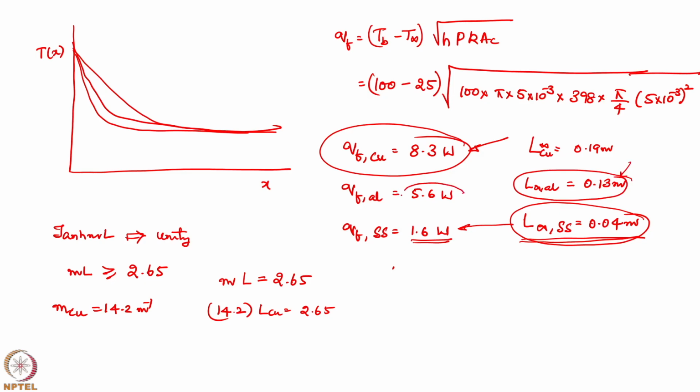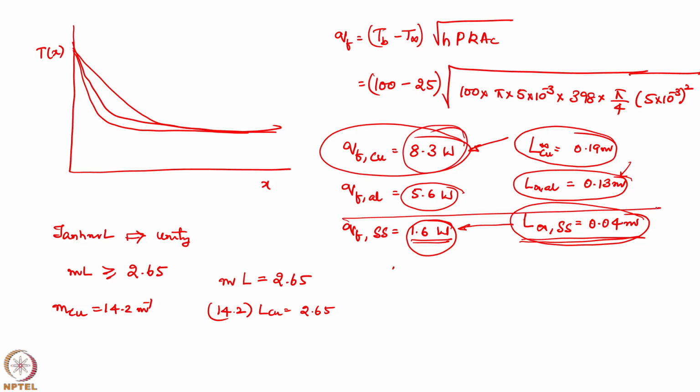It can dissipate 5.6 watts, which is definitely greater than 1.6 watts. Now, if you go to copper, you can utilize it up to 0.19 meters and it is taking away 8.3 watts. So generally we do not use stainless steel fins, we generally use either aluminum or copper.